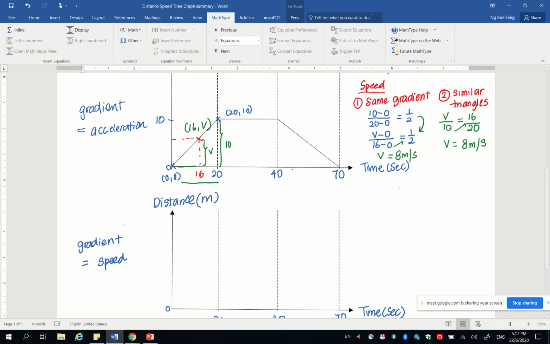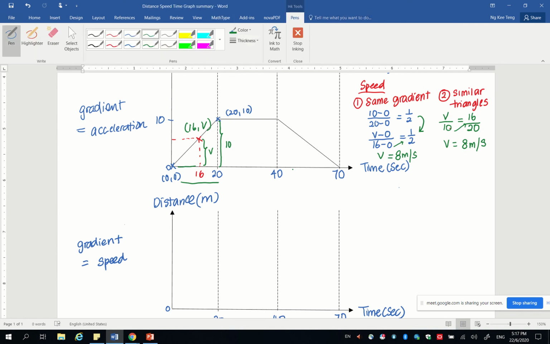Okay, now there are important things we need to take note of. When you want to plot the distance time graph, number one, we must always indicate the total distance, not just the distance within that time frame, but the total distance. We must make the marking for the total distance.